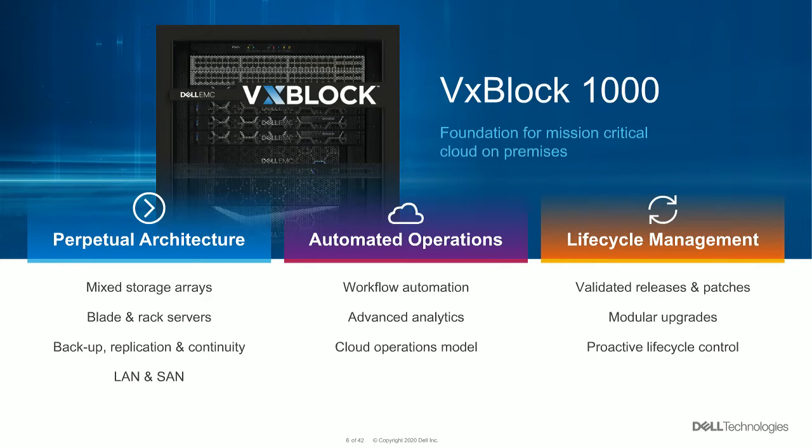We're going to look at the architecture changes that we've made in VxBlock 1000, and we're also going to take a view of how you can take existing investments that you've made and move them into this new architecture to gain additional value and additional life from them. We're also going to look at the world of automated operations, and this will take two forms.